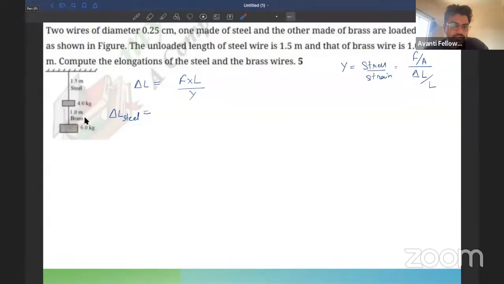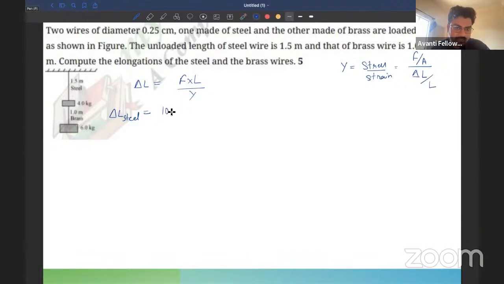So how much is the force? Can I say 100 newtons? 10 G? Yes or no? So force on steel wire. Again, this is a steel wire. This is keeping this 4 kg and 6 kg in their place. That means this is pulled by 4G plus 6G, right? That is 10G. So 10G is the total force acting on this wire.